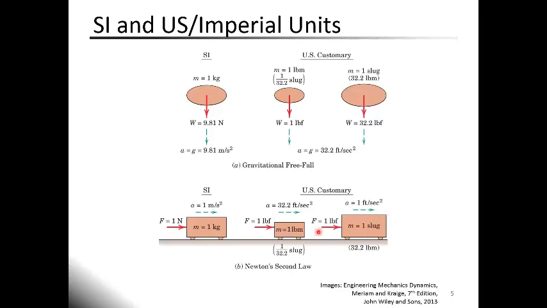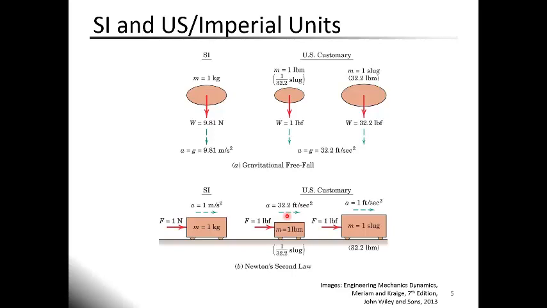If we choose to study a smaller mass, which is 1 pound mass, and we apply the same force, again 1 pound force, similar to this force, but we just chose a smaller mass, we find that the acceleration is increasing. It's 32.2 feet per second squared.